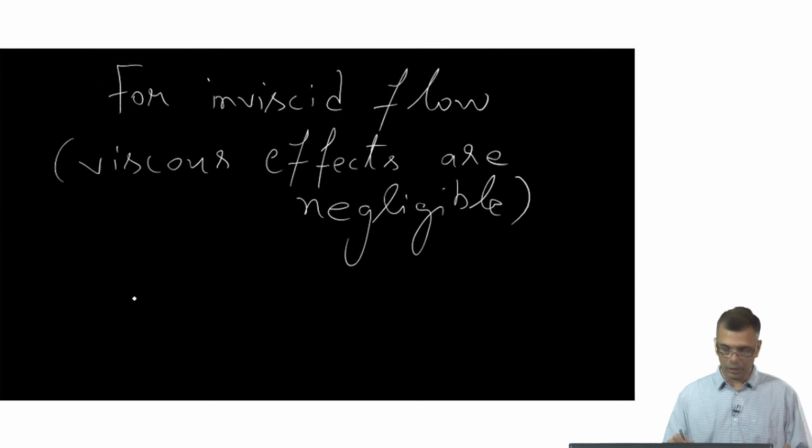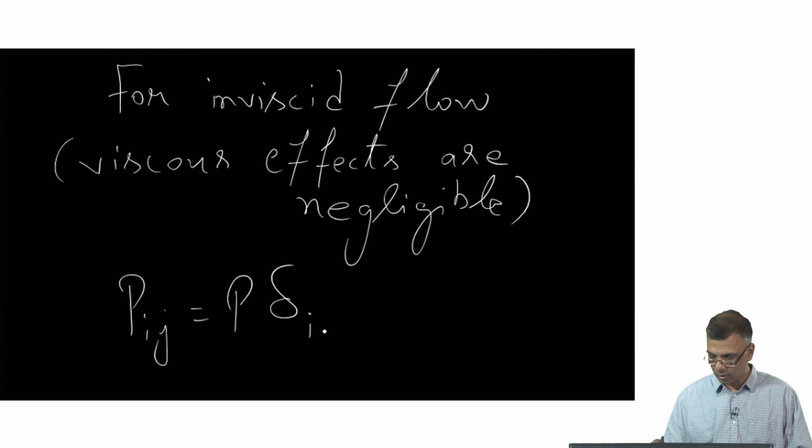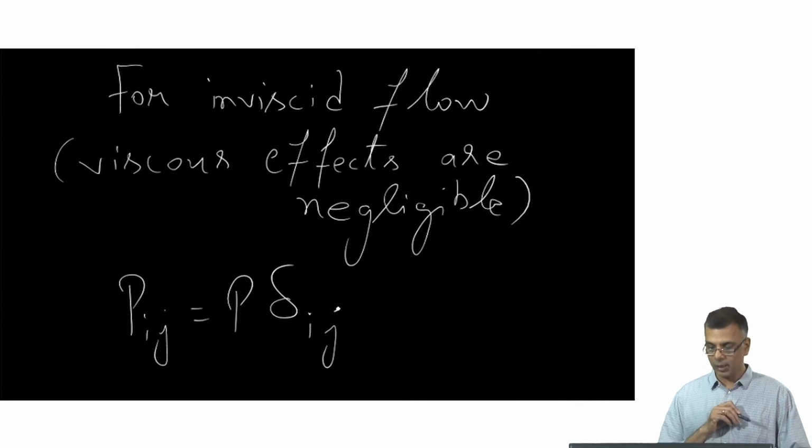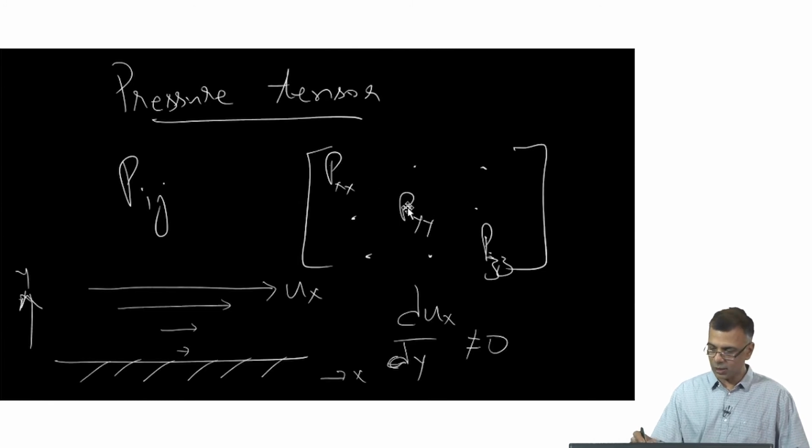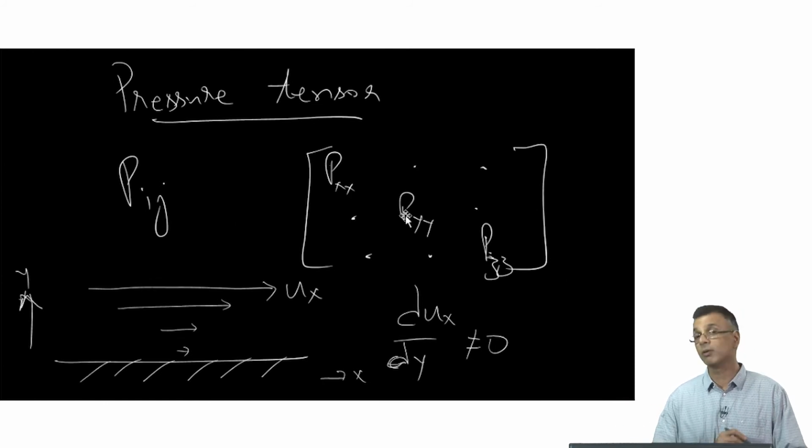In this case, the Pij is simply some scalar pressure times a Kronecker delta. In other words, it's a situation where all of these are simply the same number, P, P, P, and the off-diagonal terms are all simply 0.